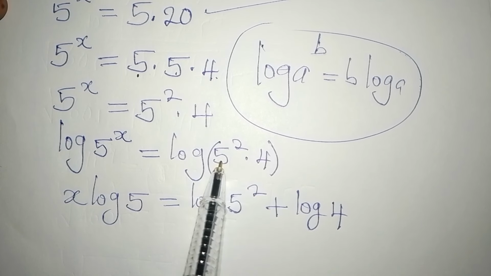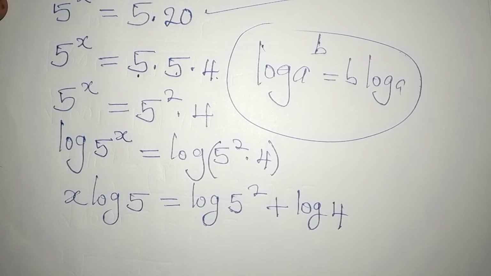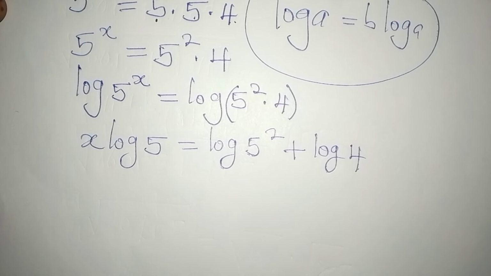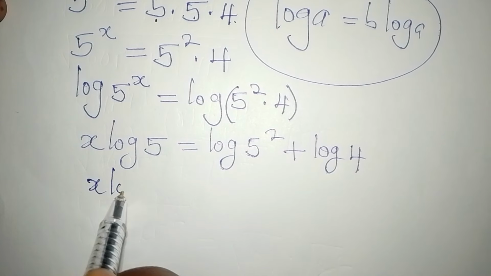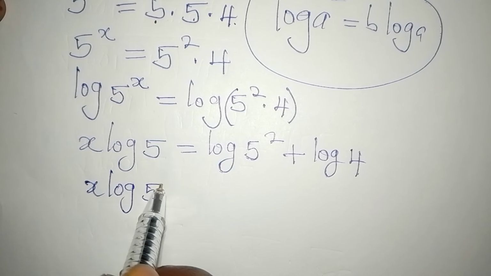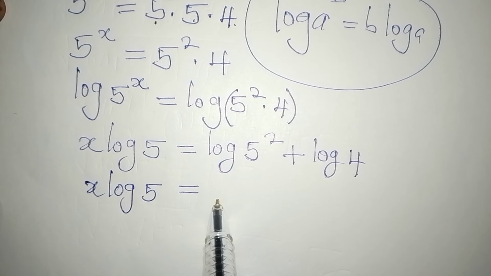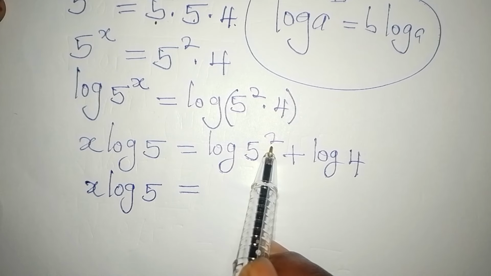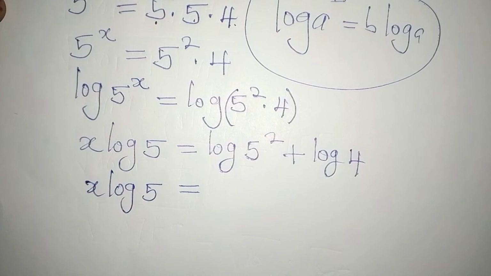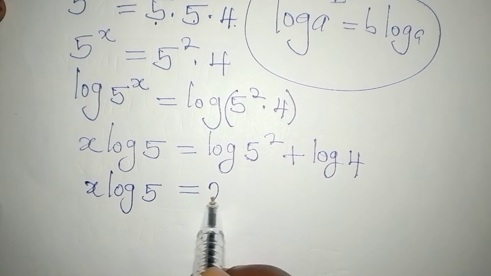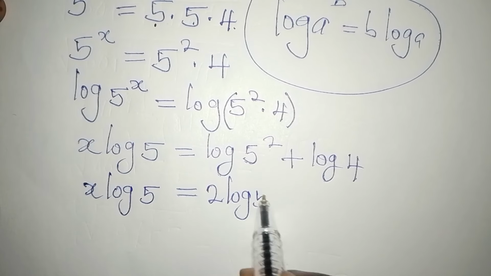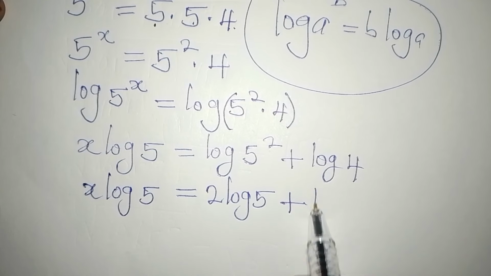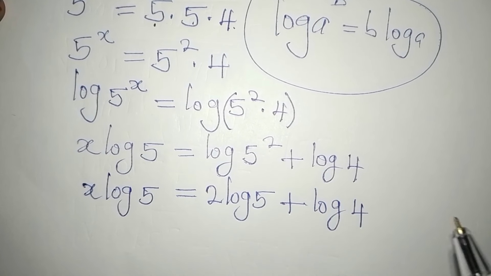Since we are multiplying these two, it can be log of 5 squared plus the log of 4. So now x log 5 is equal to, okay, we can still bring this power behind like we know. It's going to be 2 log 5 plus log 4.